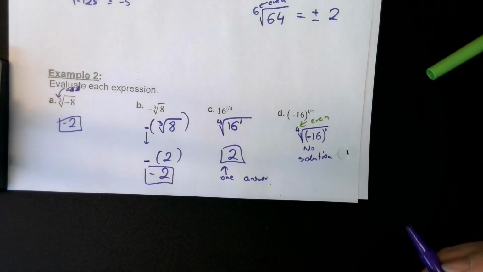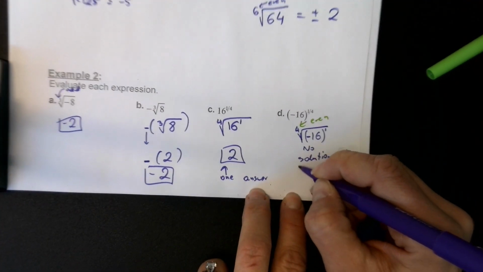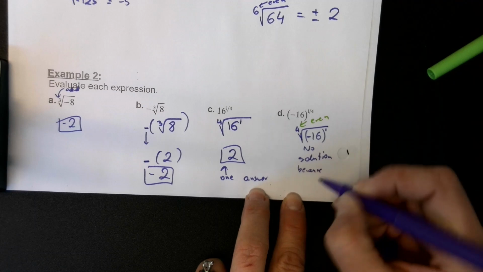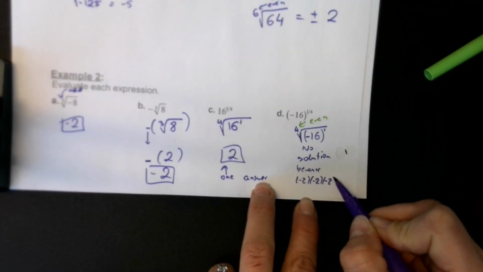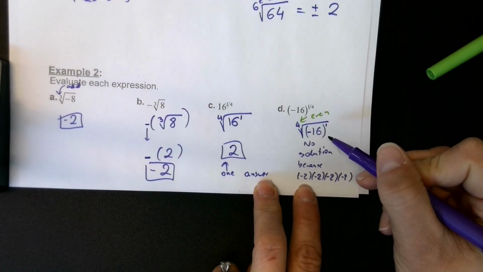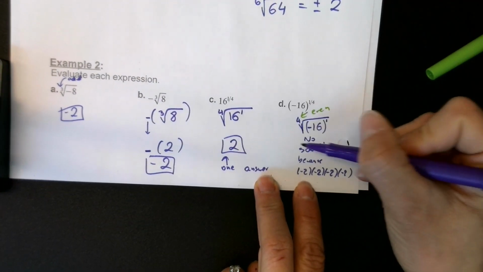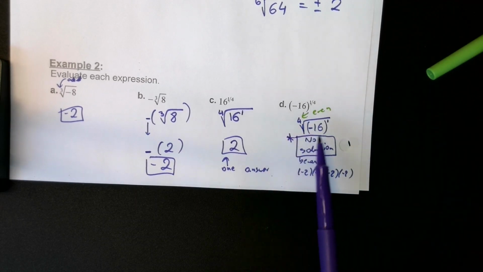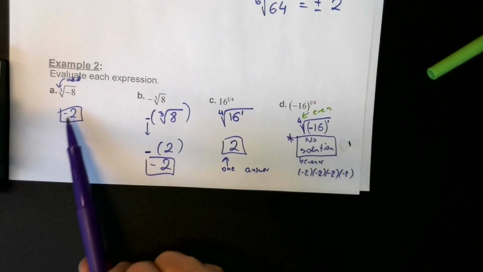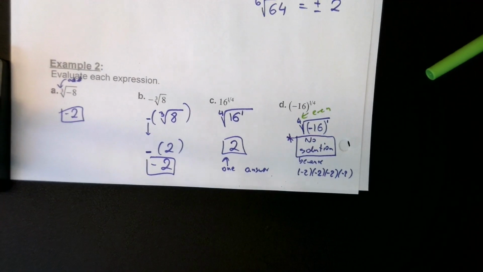Because there's no way you could have taken -2 times -2 times -2 times -2 and get -16. Therefore, this is no solution. Only and only if this is an even. If it's an odd, we can actually solve it.